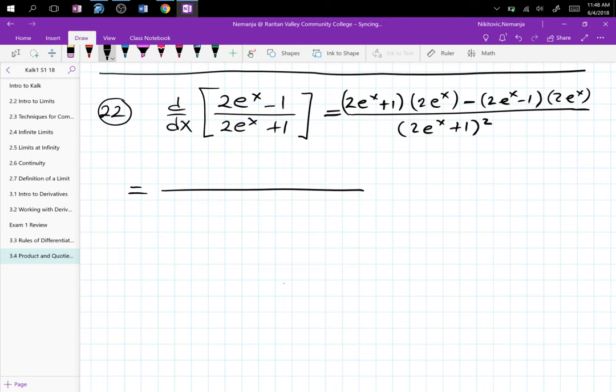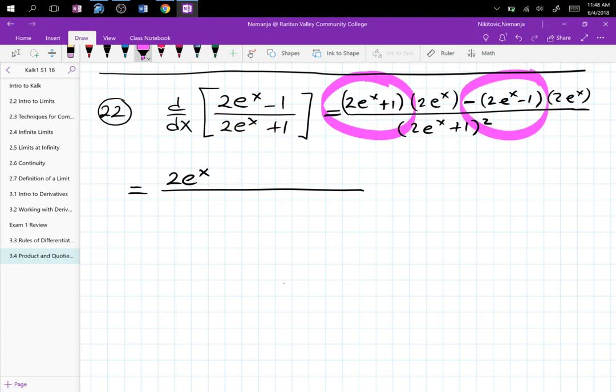So now you might be tempted to FOIL, but I'd say, isn't it easier to factor? Just factor 2e to the x. And what's left in parentheses is this minus this, and that's just 2.